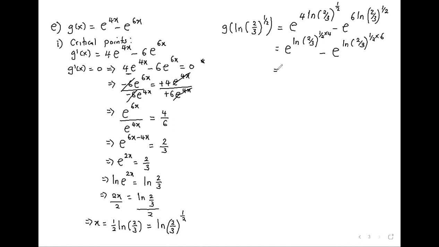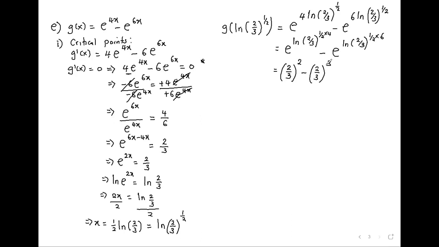So that e^ln, once they meet, they disappear and we remain with (2/3)^(1/2) times 4, that is just 2, minus (2/3)^3.